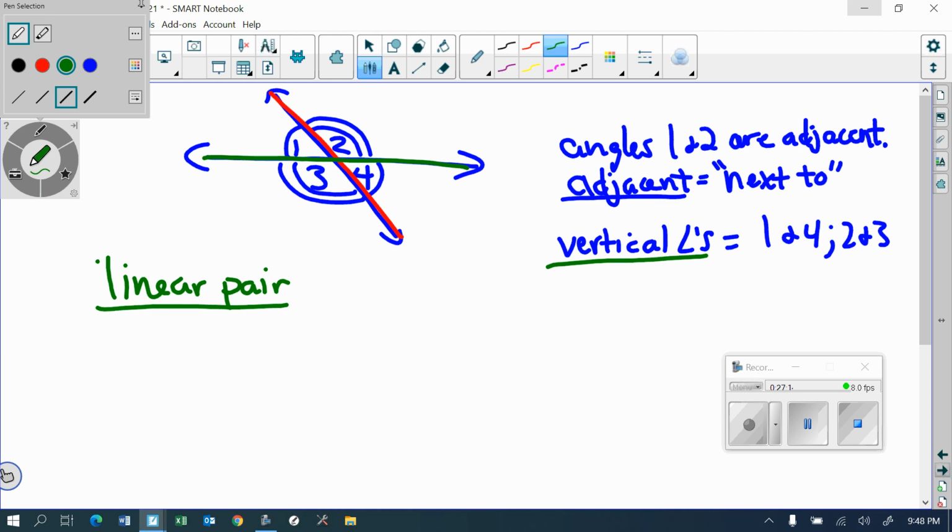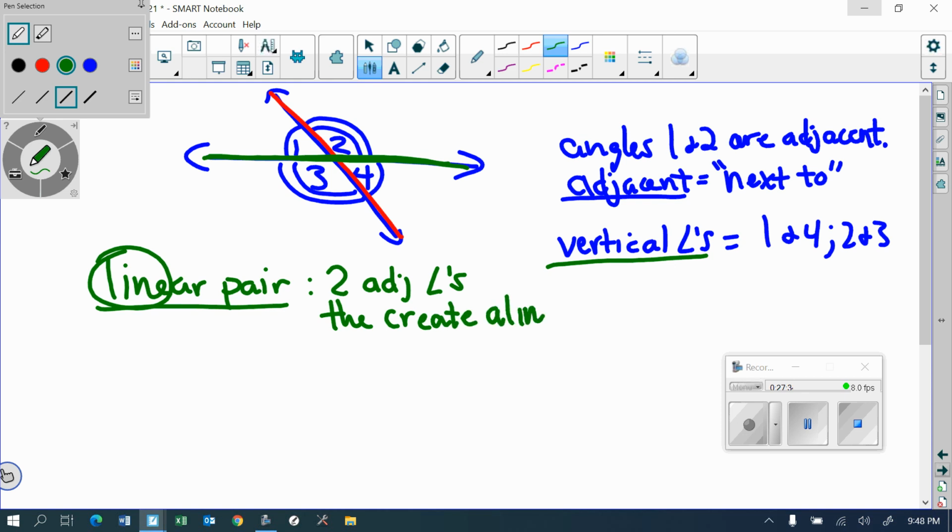What's the key word in linear? Line. Do we see a line here? Yes, we do. So a linear pair, by definition, are two adjacent angles that create a line. Okay? Adjacent means next to, and they must create a line.